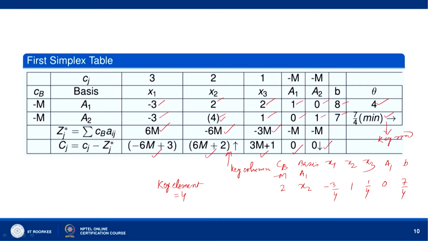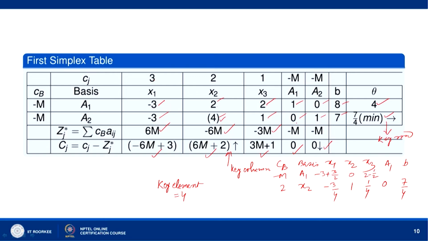When you multiply it by 2, it becomes minus 3 by 2. So, minus 3 by 2 we have to subtract from minus 3, so we get minus 3 plus 3 by 2. And then multiplying by 2 and subtracting, we get 0 here. For 1 by 4, multiplying by 2 gives 1 by 2, which we subtract from 2. So, 2 minus 1 by 2.